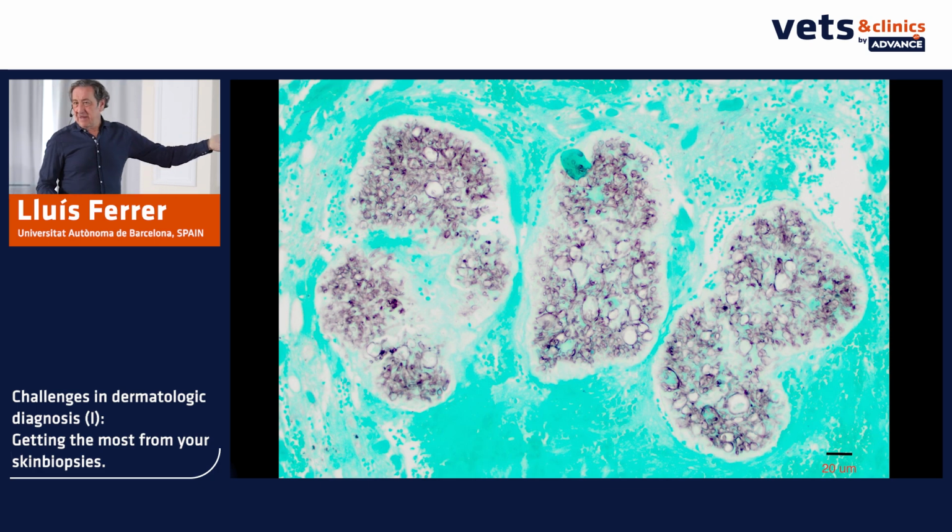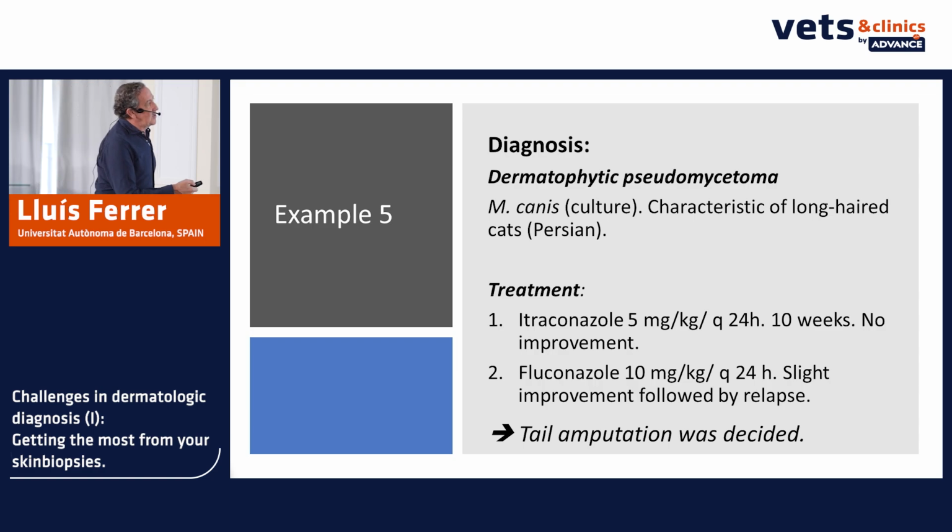At the same time, the fungal culture revealed the growth of Microsporum canis. So this is a case of dermatophytic pseudomycetoma, which is almost only seen in long-haired cats like Persian, Himalayan, and this group of cats.